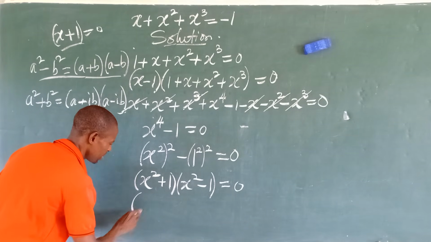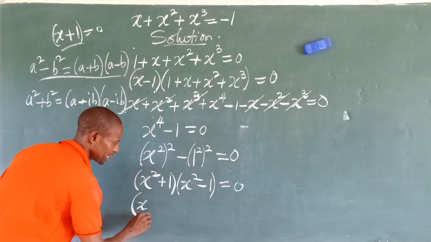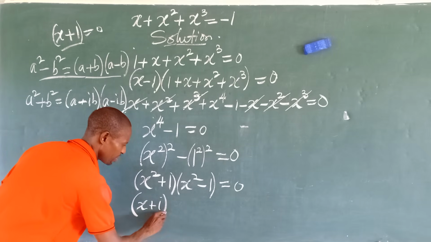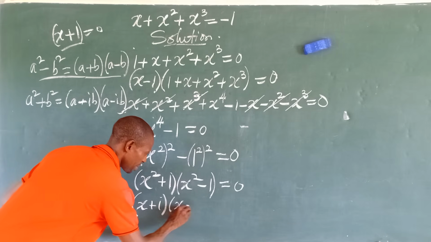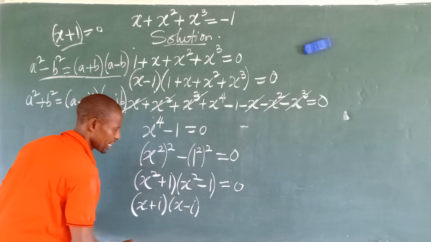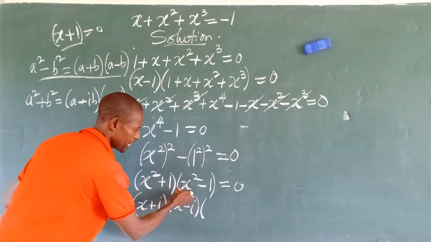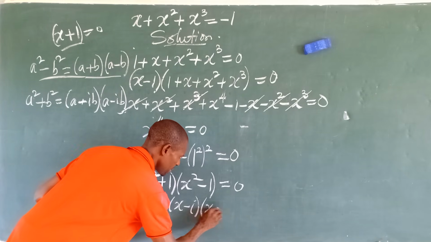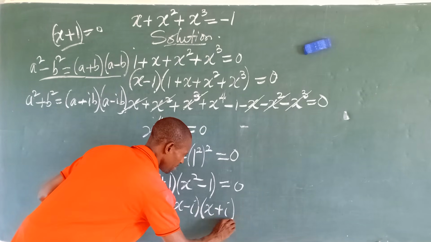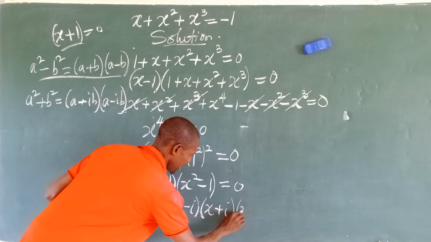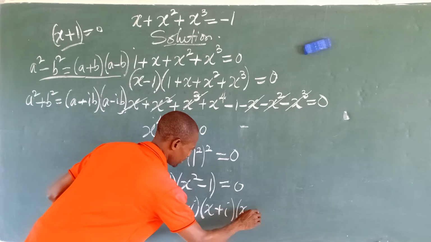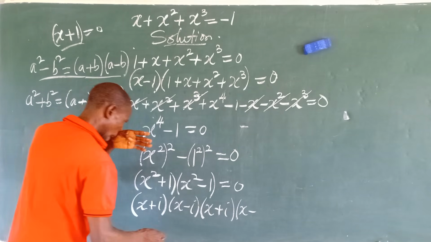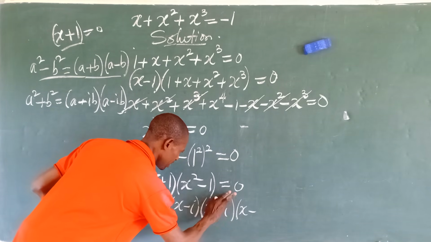So with this, we can rewrite everything in this format. This is going to give us (x plus iota)(x minus iota). The bracket here, we apply our sum of 2 squares, which is going to give us x plus iota, then x minus, sorry, 1 here, please.